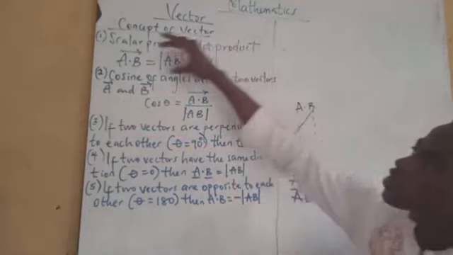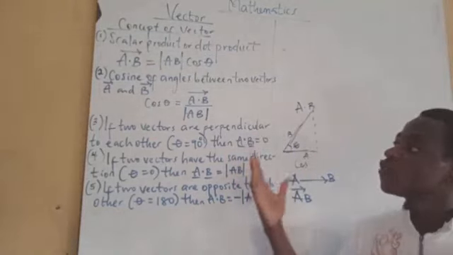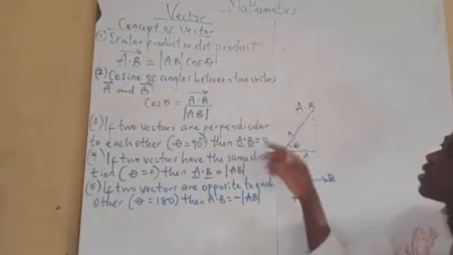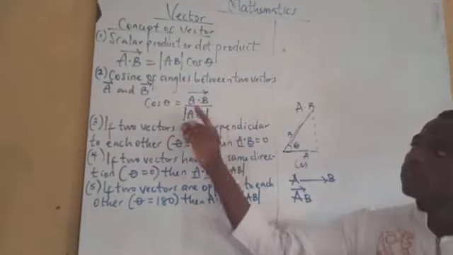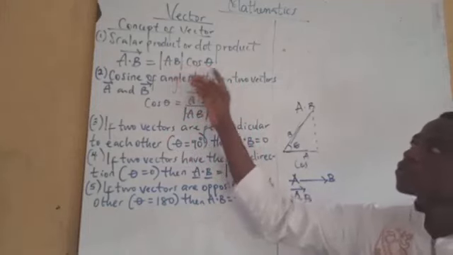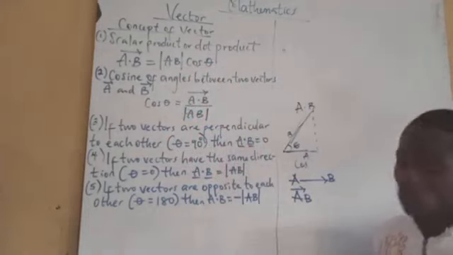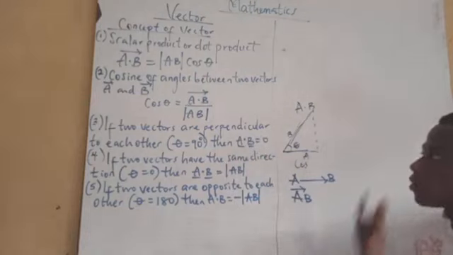From this first formula, we can make cos theta the subject of the formula. If I make cos theta the subject of the formula, I will have A dot B divided by the magnitude of AB.